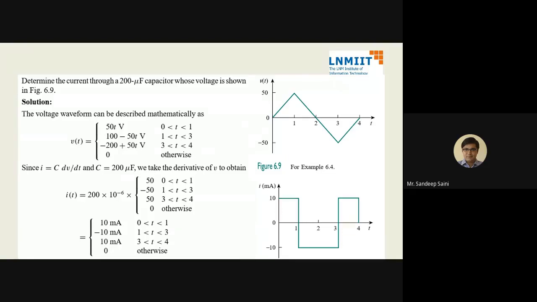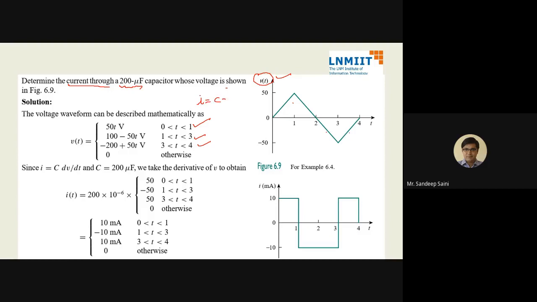There is another question, very simple. You are given a capacitor whose value is 200 microfarad. The voltage across the capacitor is shown like this. We are asking that at every time, that means t from 0 to 1, 1 to 3, 3 to 4, in all these time durations, what is the current through this capacitor? So we said, okay, that is not a problem.